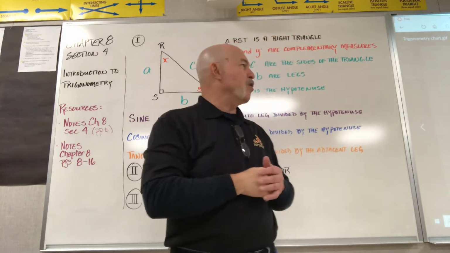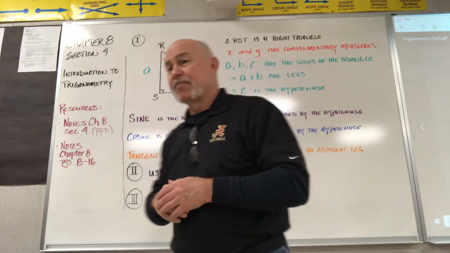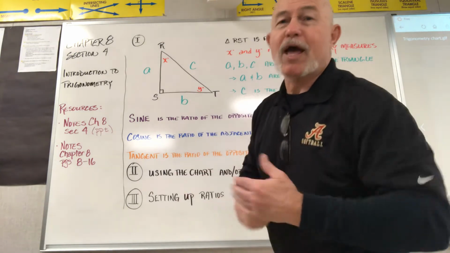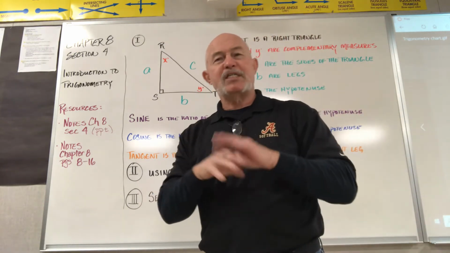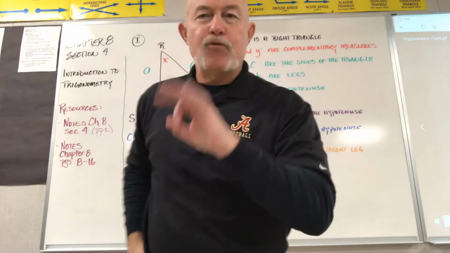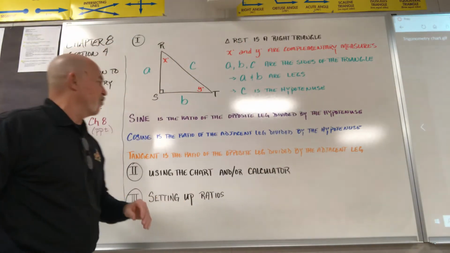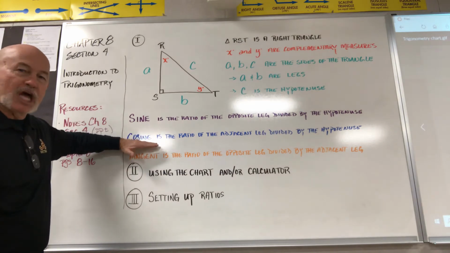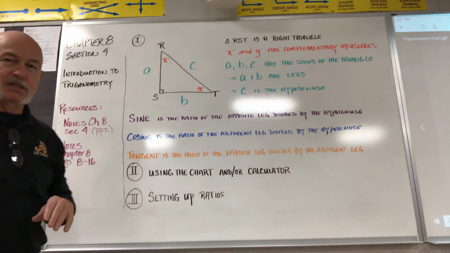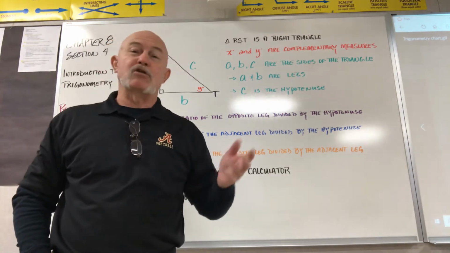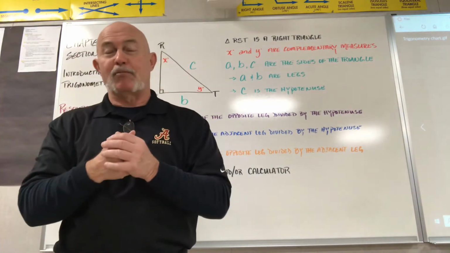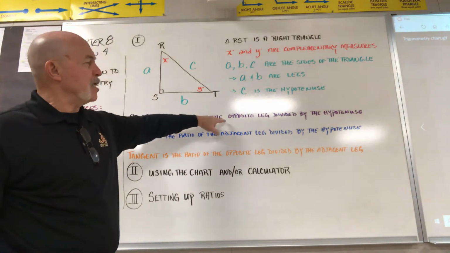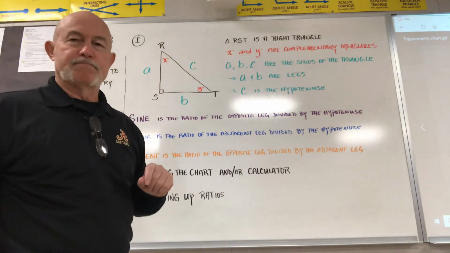And how do we know these things? Because we've got a chart. We also have it in our calculators. We'll get to that in a second. The three ratios we are going to deal with are the sine, the cosine, and the tangent. Yes, I used orange because it looks like tangerine and makes it easier to remember. I know. So, the sine is the ratio of the opposite leg divided by the hypotenuse.